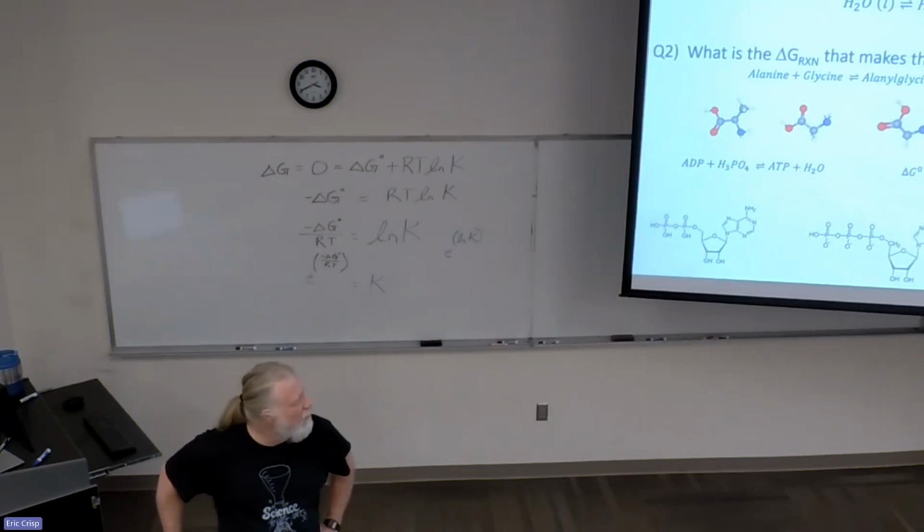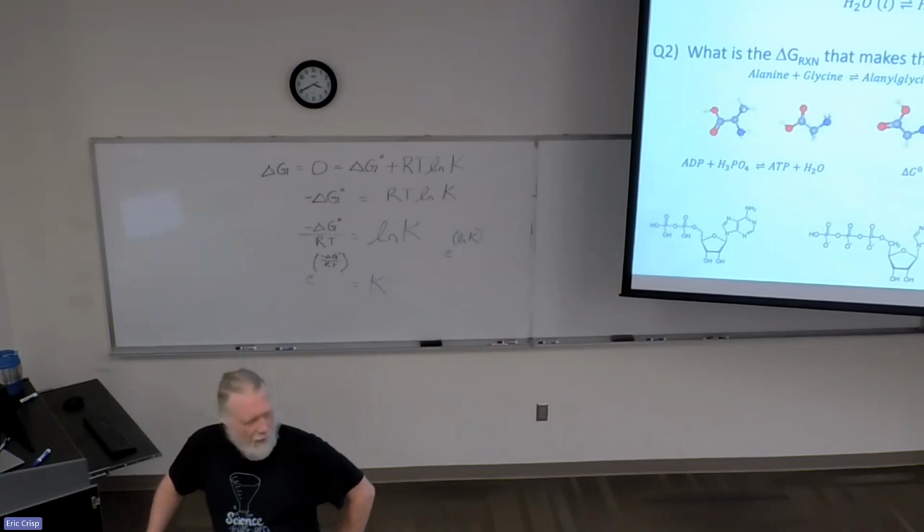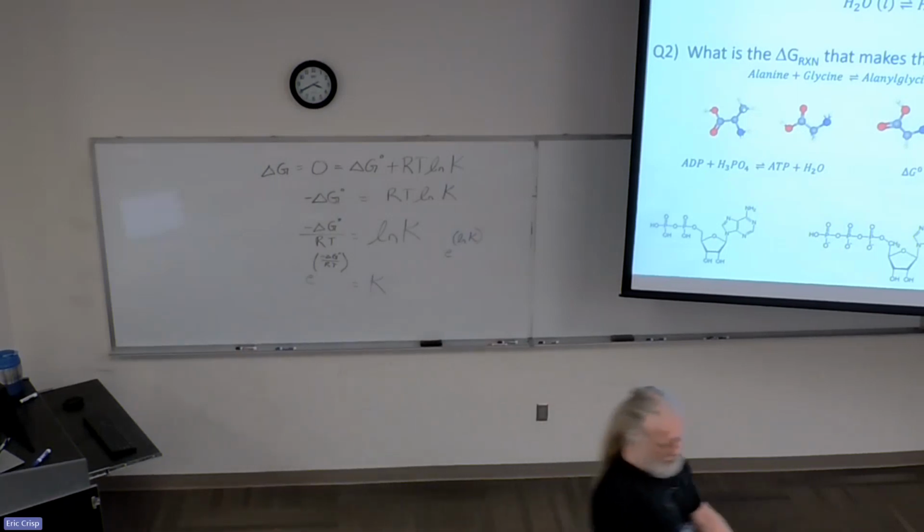And there's apparently an argument about whether or not this works. So let's say you want to build a biologic unit. Okay, Kara, you want to build new protein, right? So if you want to build new protein, that's that top reaction, the alanine to glycine. It's a very simple version. But look at the delta G, what does it tell you? You're taking alanine and glycine and making alanylglycine, okay?